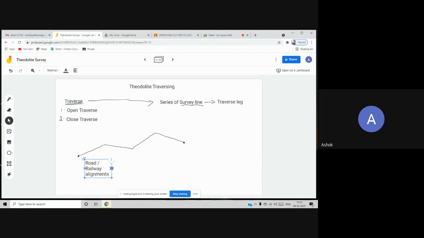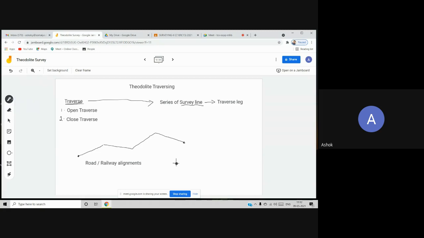Road, railway, canal alignments, all of these are examples of open traverse, where your last point does not coincide with the first one. Sometimes it is mentioned that the last station is not well defined. That's okay. The second type of traverse is closed traverse.